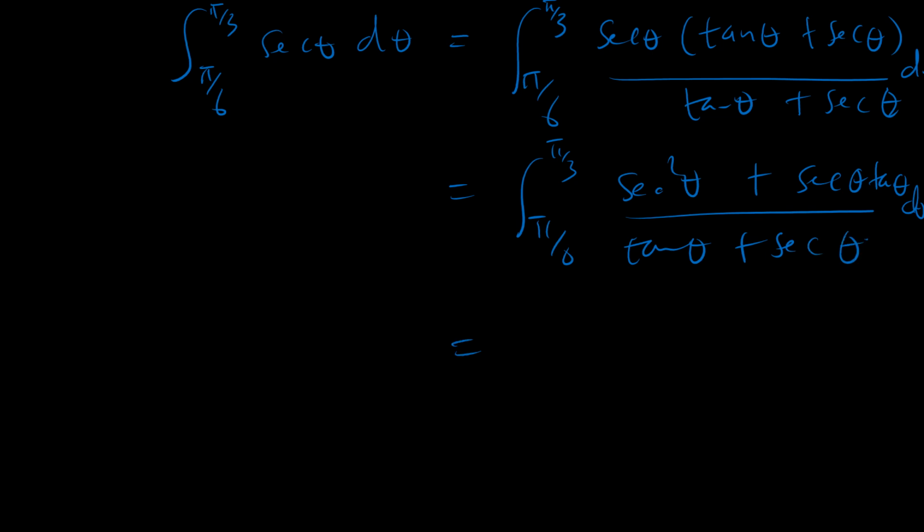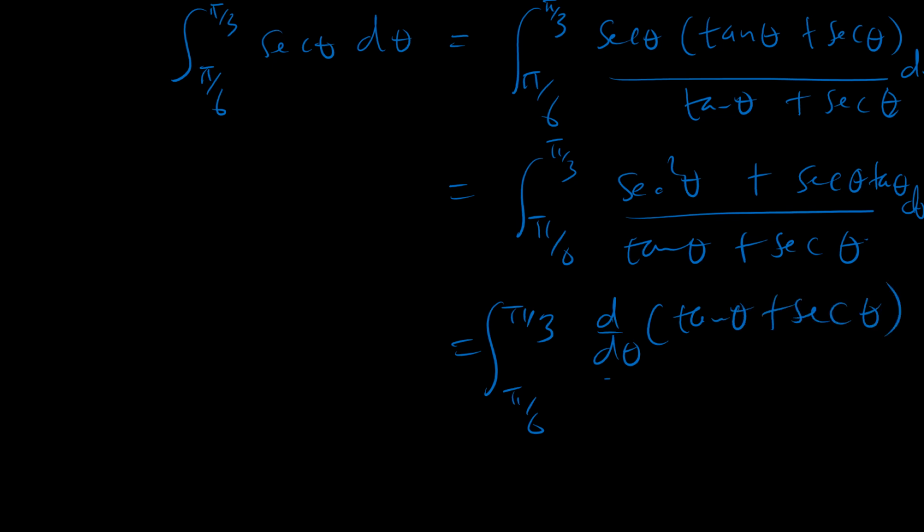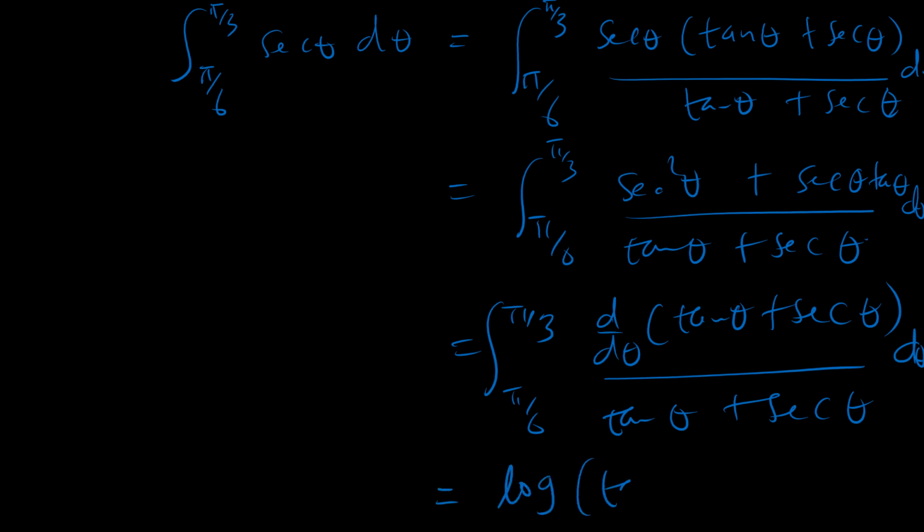We see the numerator is the same as the derivative of tan theta plus sec theta over tan theta plus sec theta, and that means this is the same as the natural logarithm of tan theta plus sec theta with the limits pi over 6, pi over 3. Okay.